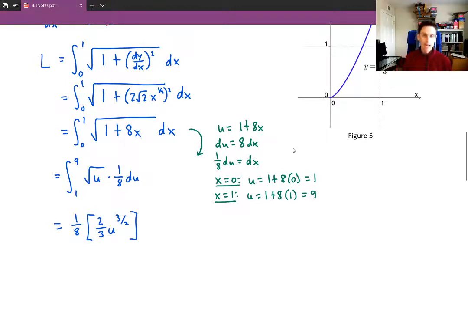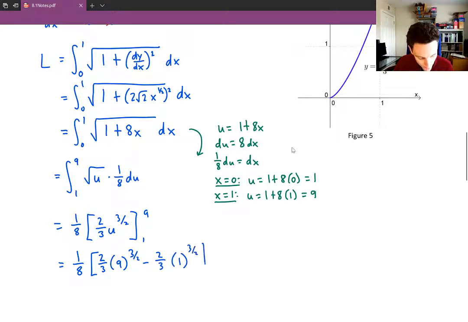Add 1 to the 1/2 exponent, which gives you 3 halves, divide by that new exponent, which gives you 2/3, from 1 to 9. So you have 1/8 and then 2/3 times 9 to the 3 halves minus 2/3 times 1 to the 3 halves.